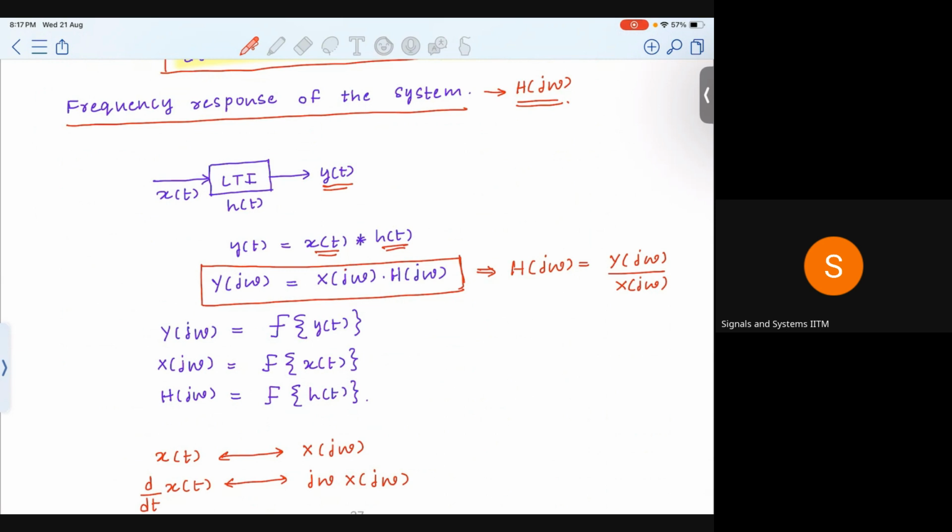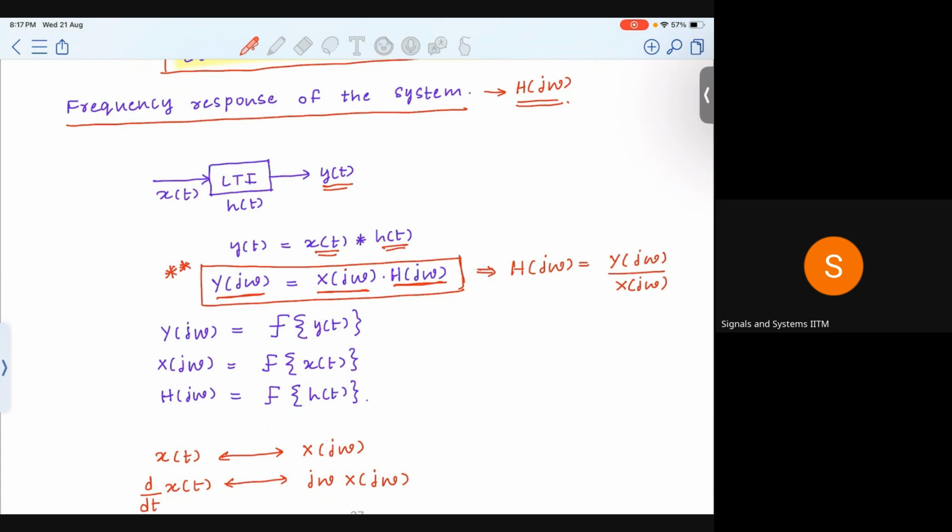When you write this in the Fourier transform representation, from the properties of the Fourier transform, what happens to the output in the frequency domain? It is the multiplication of the input in the frequency domain times the impulse response in the frequency domain. This is one of the key concepts we use.